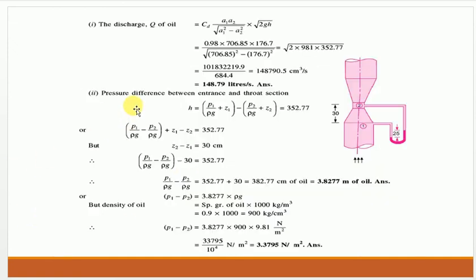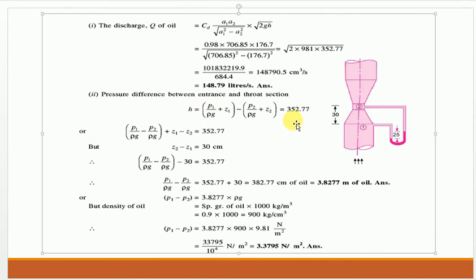Next, we are going to find the pressure difference between the entrance section and the throat section. From the same formula we already know the value of H, which is 352.77. So P1 by rho g minus P2 by rho g plus Z1 minus Z2 will be equal to 352.77.